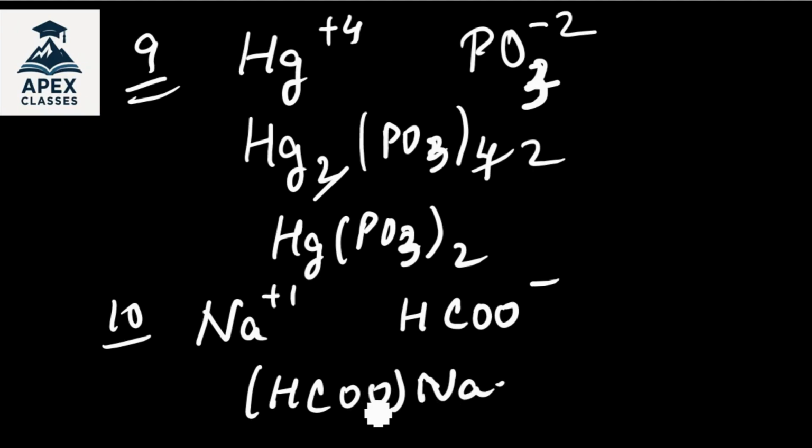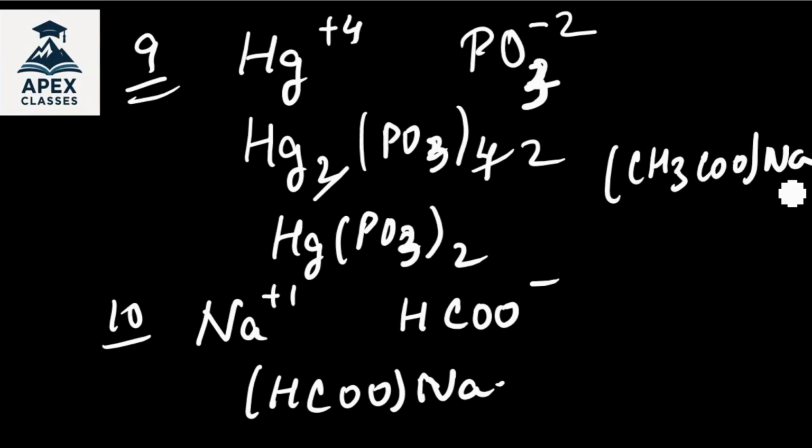Organic compounds, organic acid, organic anion. And sodium acetate, if you are writing that, the formula is CH3COONa. The anion comes first, the cation goes behind. This is against the normal convention, where in sodium chloride we write NaCl, the negative part in the second position.